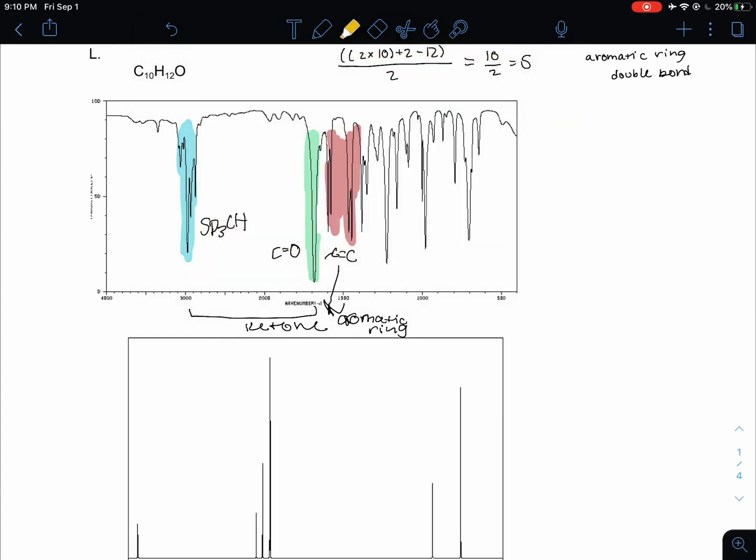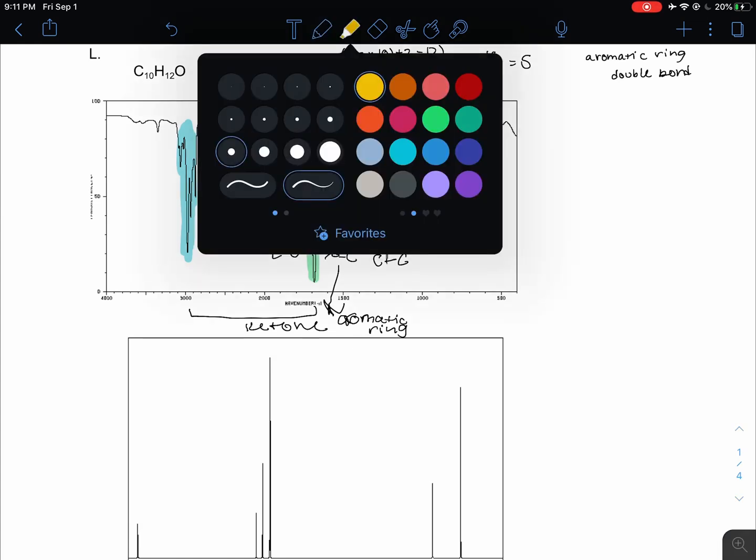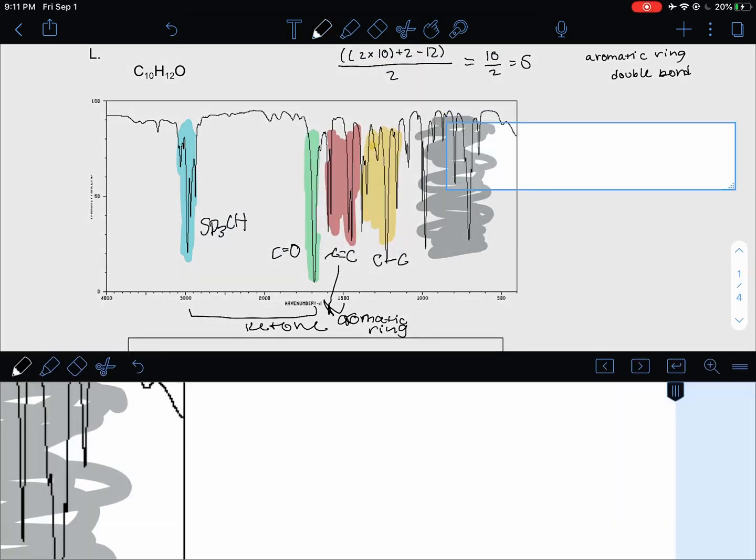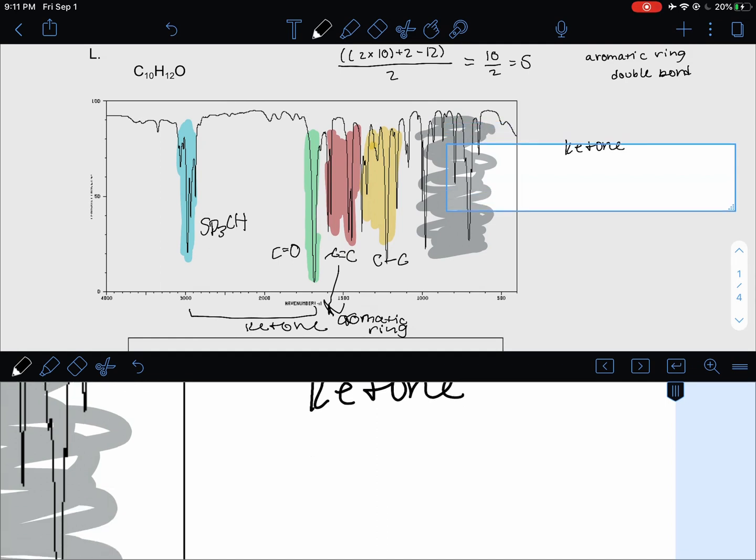And then we have one more group to look at here between 1400 and 1200, and this gives sp3 C bonds. All of this is not important to look at as it's just fingerprints. So what we know from this information is that we have a ketone and an aromatic ring.